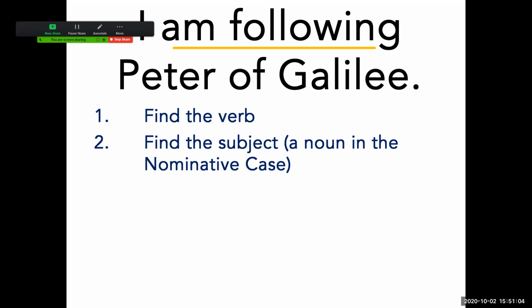Peter, in that case, if Peter is in a certain form, then Peter would be the subject because it's third person singular, and then that can have another subject, which happens very often. And we'll look at that in the next chapter.